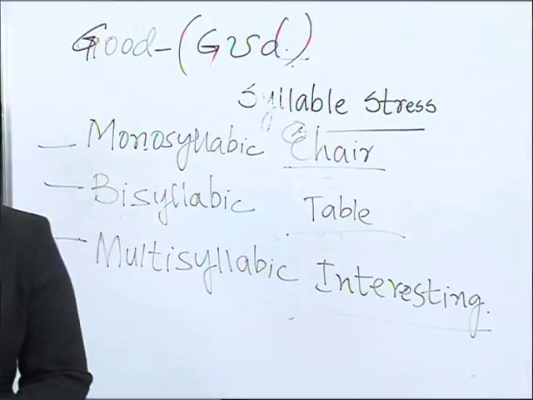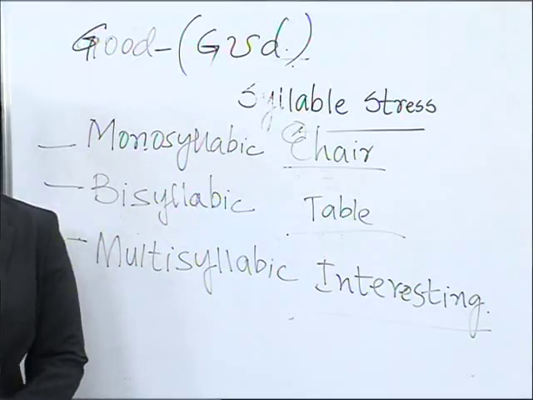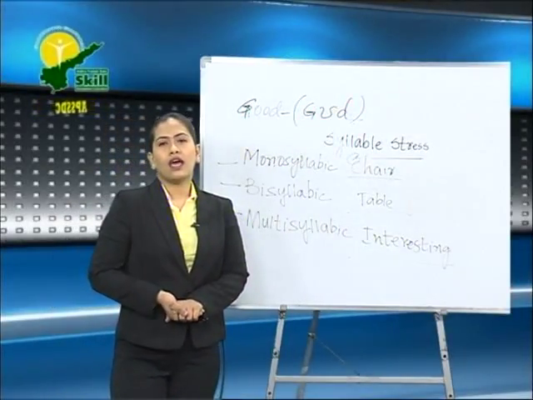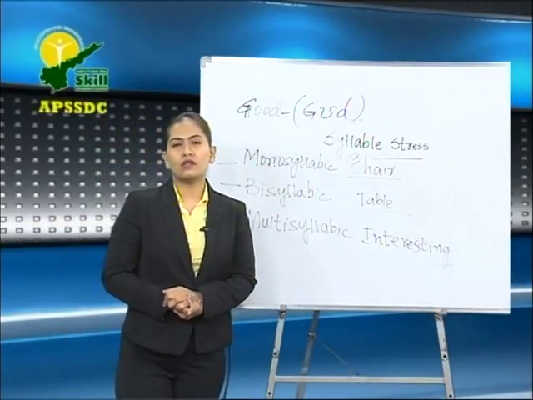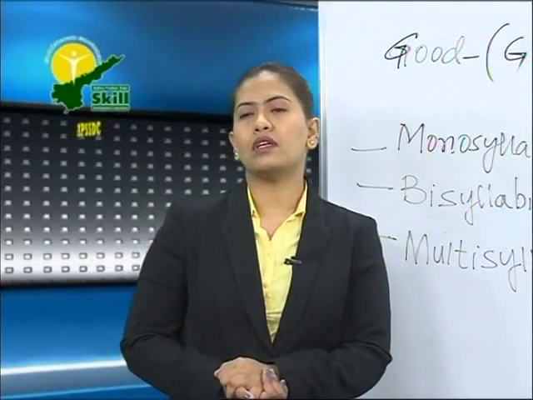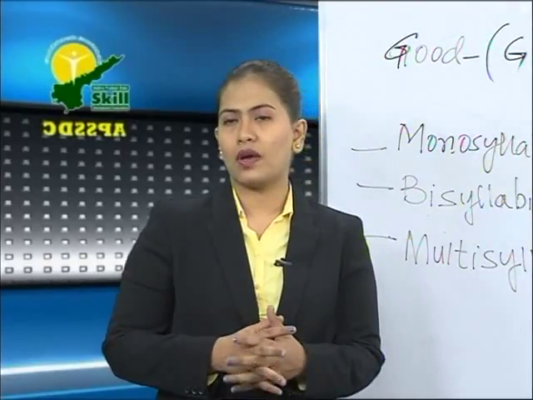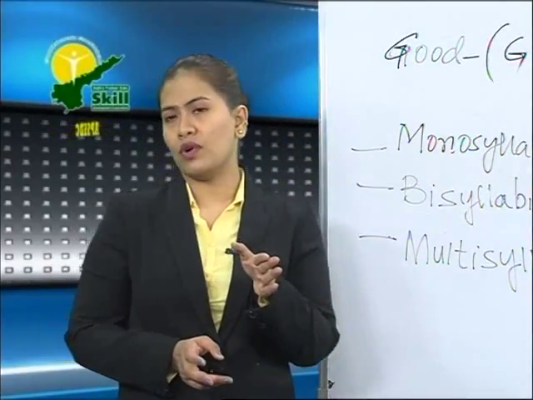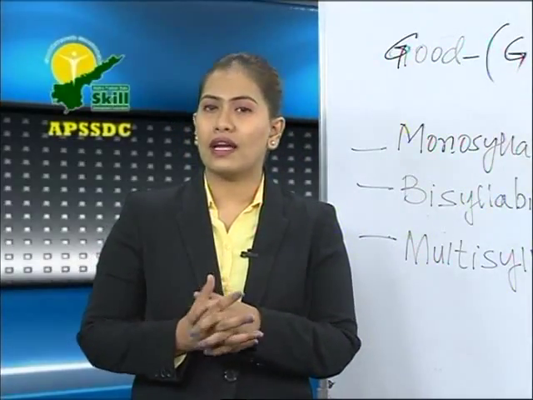Moving on to understand more about the bisyllabic word. A bisyllabic word is a word which consists of 2 syllables, and the examples could be table, hello, bottle. In these words where we have two syllables, the first part of the word is stressed as per the rule of syllable stress if it is a noun or an adjective.